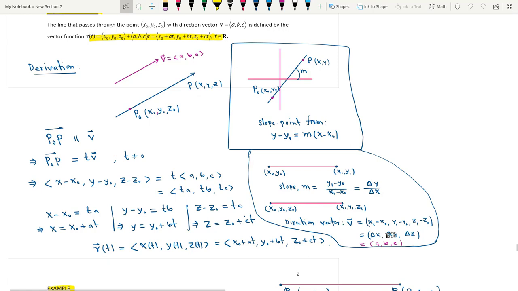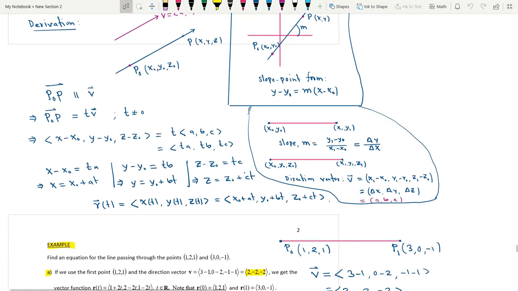So this is del x, del y, del z. And we normally define the direction vector as a, b, c. This direction vector is always parallel to P0P. So P0P is parallel to v.